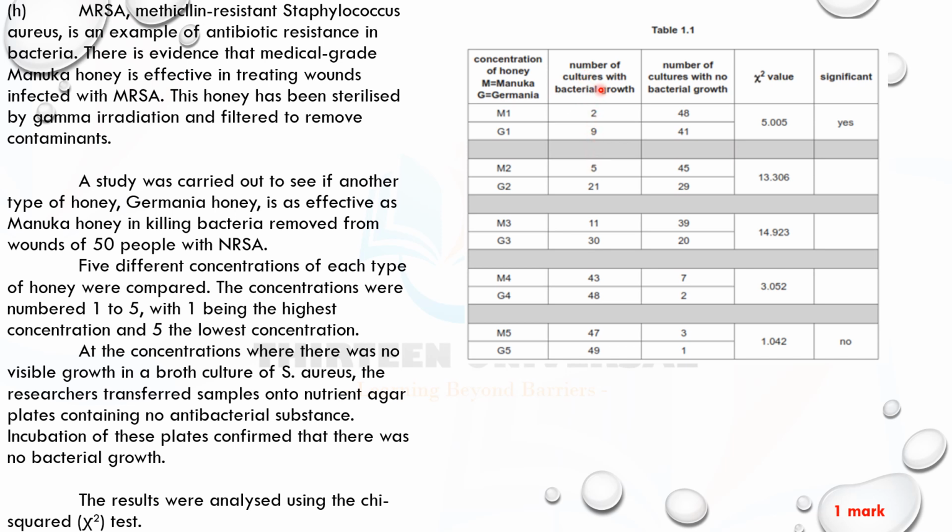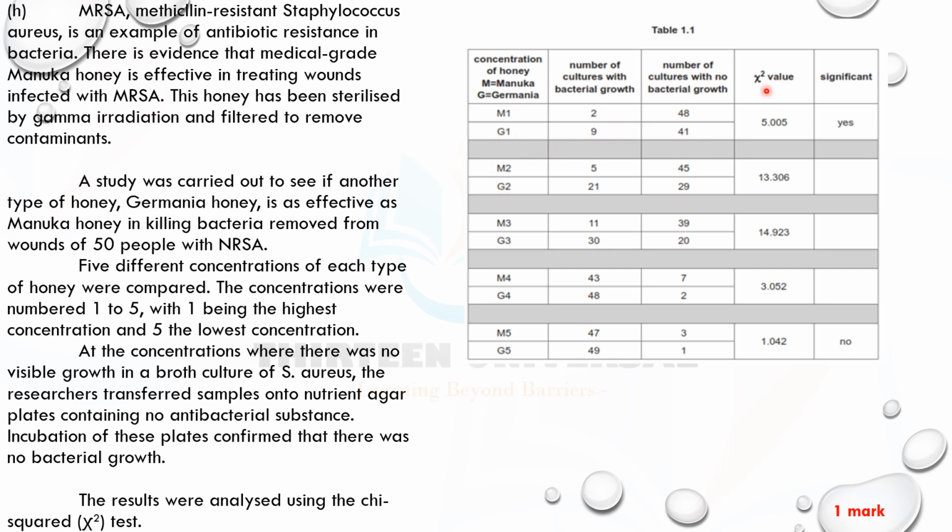This is the number of cultures with no bacterial growth. Can you see that Manuka has fewer cultures with bacterial growth? So Manuka is less, that means it is more effective than Germania.